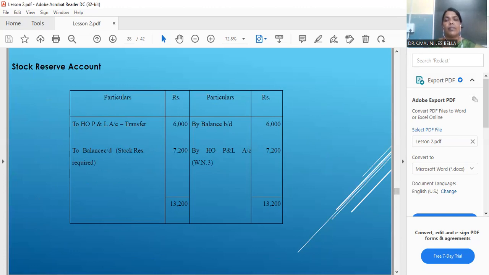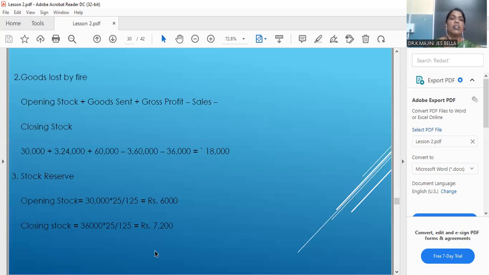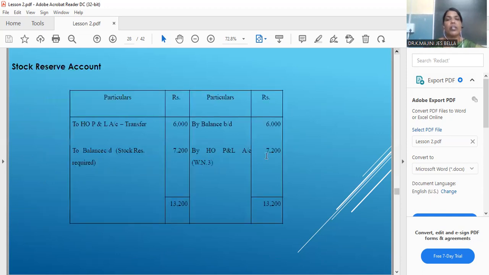Then we have to calculate the closing stock. 36,000 are there. 36,000 into 25 divided by 125. You will get 7,200. By head office profit and loss account, you can write here 7,200.